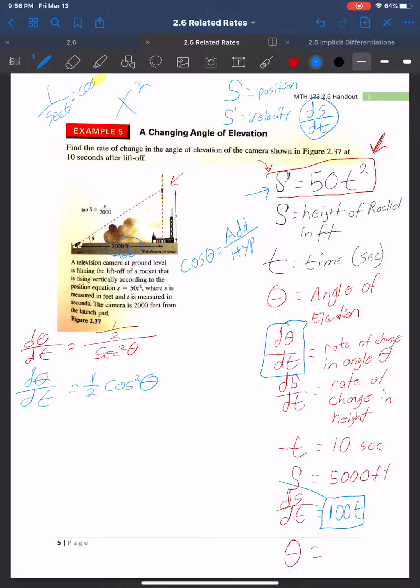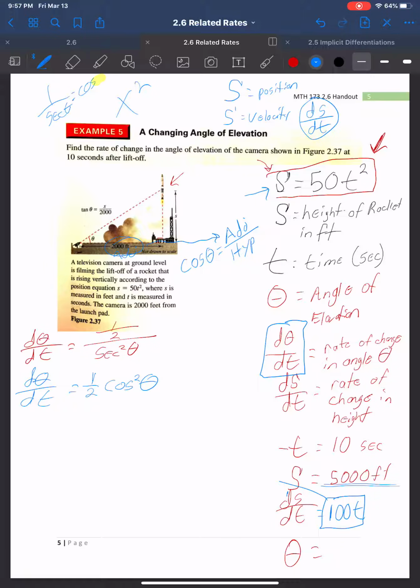Well, not necessarily. Actually, I guess we're going to have to do a little bit of math to get to the hypotenuse, right? So let's think about that. I know that I can plug in 2,000 here for adjacent. I need to know what to plug in for the hypotenuse. Well, that's where this 5,000 comes in handy.